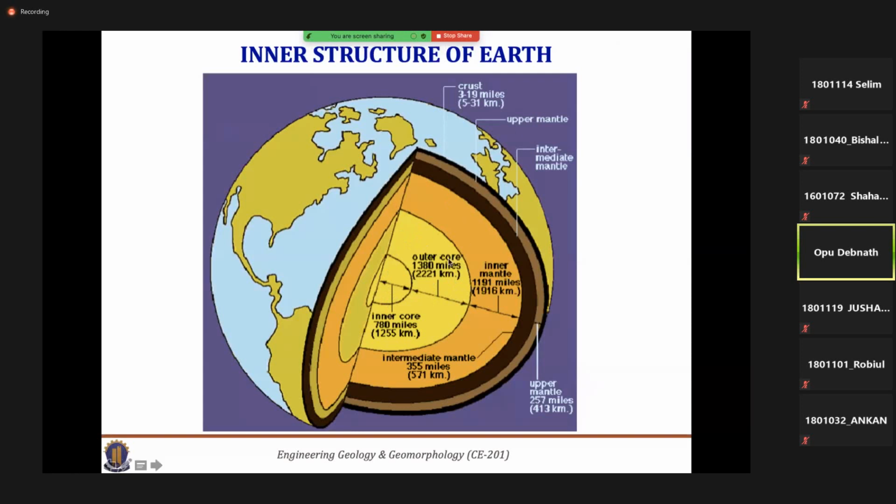The core is again divided into two parts. One is the inner core, and the remaining one is the outer core.